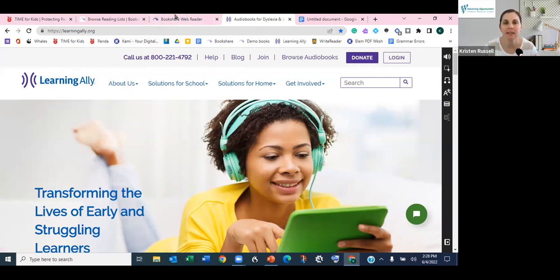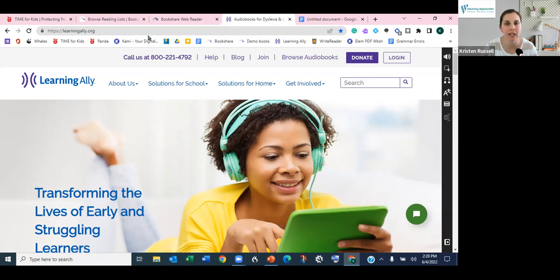So one thing I neglected to say, for either of these, for Bookshare or Learning Ally, the student does have to meet their eligibility requirements. So that is, the student has a visual impairment or blindness, the student has a physical disability which makes it difficult for them to manipulate a book and turn pages, or the student has a learning disability in the area of reading.